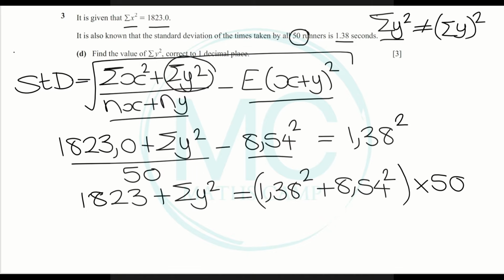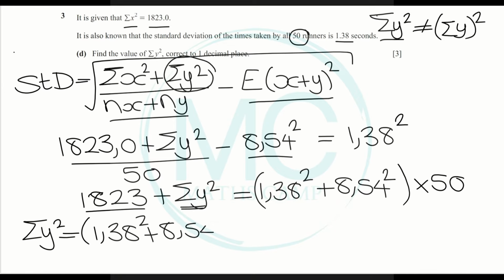Now to get sigma y squared by itself, all I need to do is move this value to the right. I'm going to get sigma y squared is equal to my bracket 1,38 squared plus 8,54 squared, all multiplied by 50, minus 1,823.